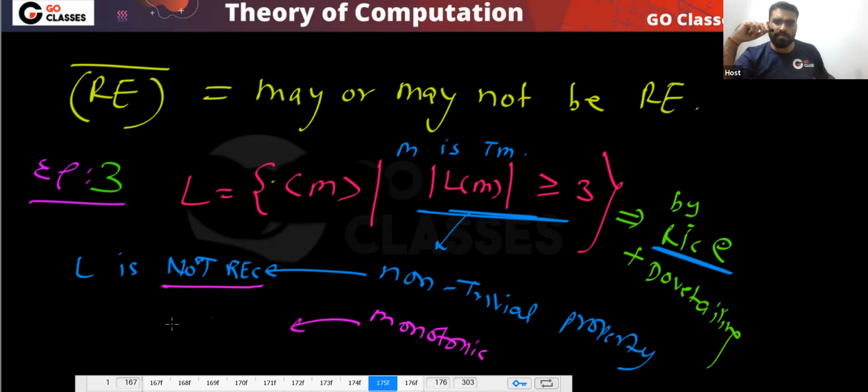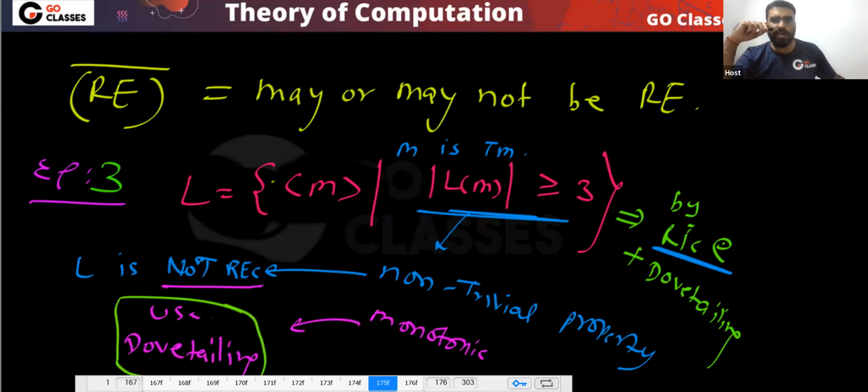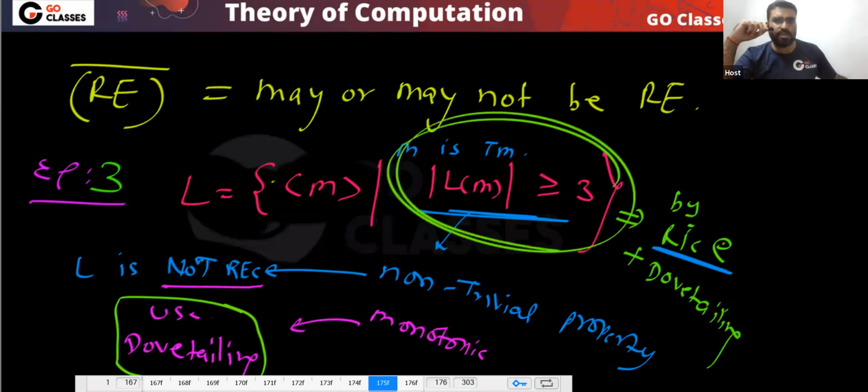So we use dovetailing. Can dovetailing help you? Yes, it can help. As soon as your counter reaches 3, as soon as you accept 3 strings, you can stop and accept.